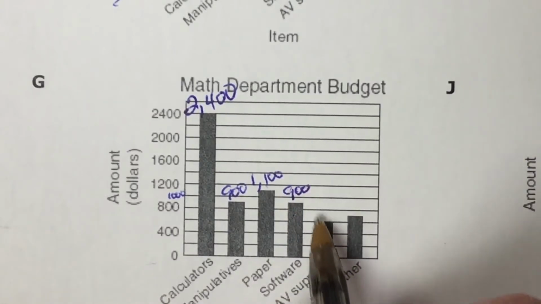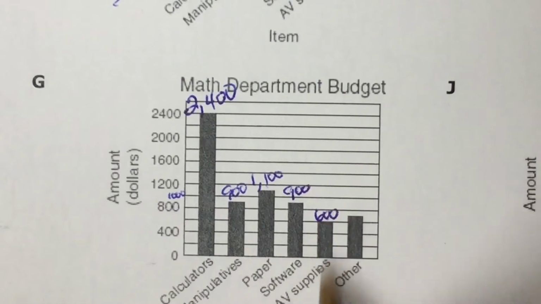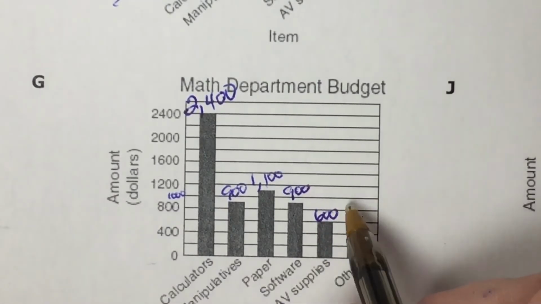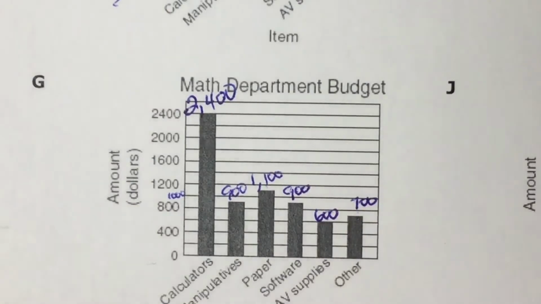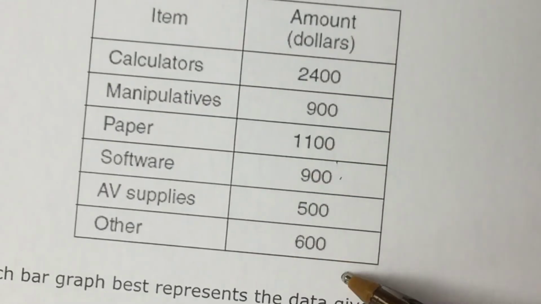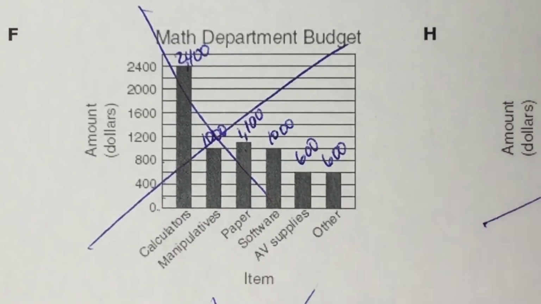This one would be between 4 and 800, so that's 600. And this one is between 6 and 800, so that would be 700. All right, so let's focus on that 700. I don't remember seeing a 700 in my table. Okay, so that one would be out.